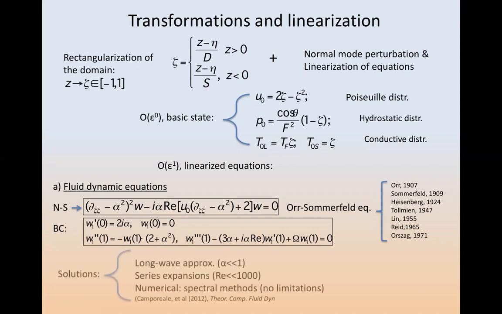We know today that we have a long wave approximated solution for a wave number very, very small. Also, I did a series expansion solution for either Reynolds number, but my opinion is that the most accurate way to obtain the solution is through spectral methods. In particular, I use the Galerkin approach.